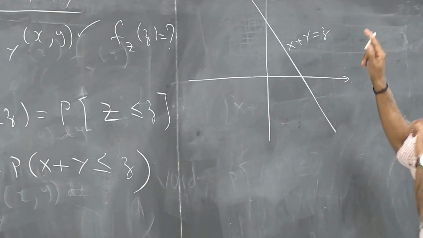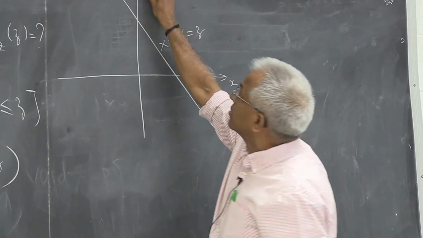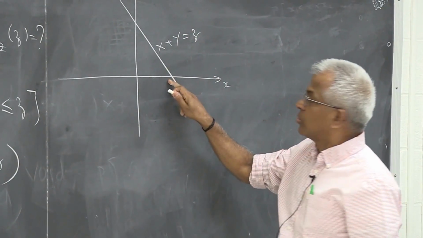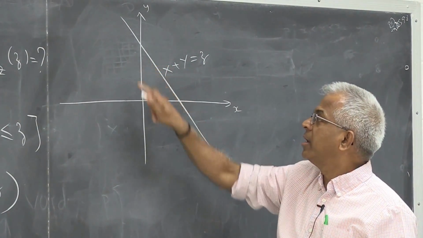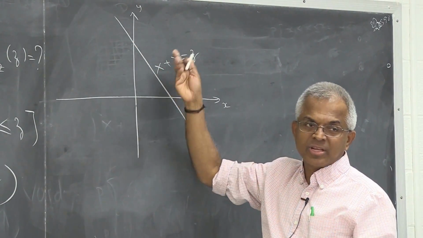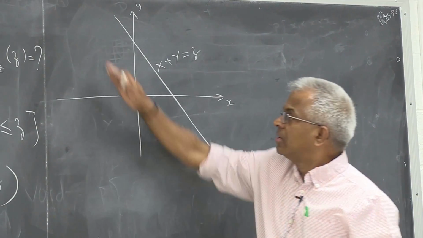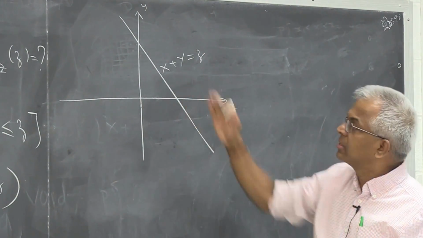If you put y equal to 0, this is x, and this intercept is z. And with x equal to 0, this is z. Of course, I consider z to be positive. If z is negative, it's just a translation, a shift of this line.